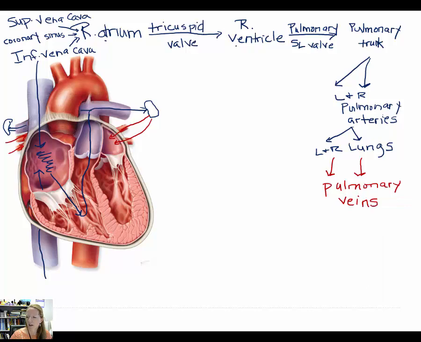Now remember, you have left and right. Remember on that slide, it said veins are going to carry blood to the heart, but most, but not all, are going to carry deoxygenated blood. Here is the exception to the veins' not all rule: the pulmonary veins.